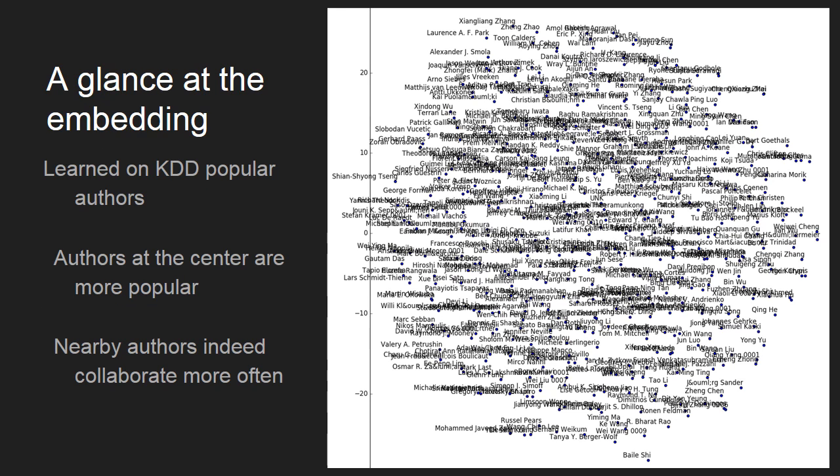Let's take a look at the embedding cluster visualization result. This is the result learned from KDD popular authors. We could see from the graph who is the most popular among these authors. If one is more popular, then he or she would be located more in the center of the cluster.